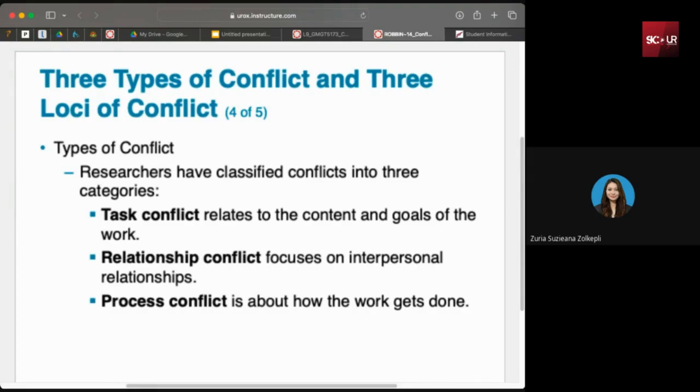Maybe you want different outcome. Okay, the goal. You want different outcome, and then you want to have a different outcome. It can be in the low level of conflict lah. Okay, for example, when we do this discussion, these people want to have this outcome, these people want to have this outcome.